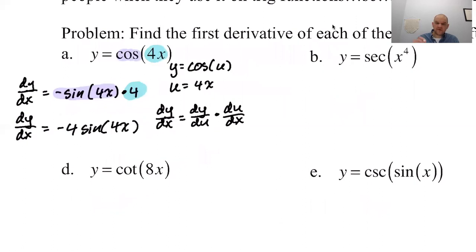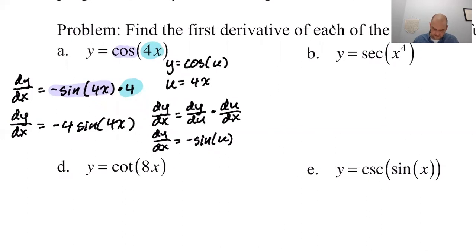So the derivative of y with respect to u: the derivative of cosine of u is negative sine of u. In the previous way of doing it, I said it was negative sine of that thing. Now I'm saying the derivative of cosine of u is negative sine of u. It's negative sine of that thing times du dx, the derivative of that thing.